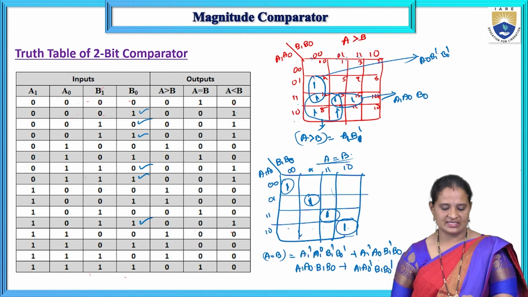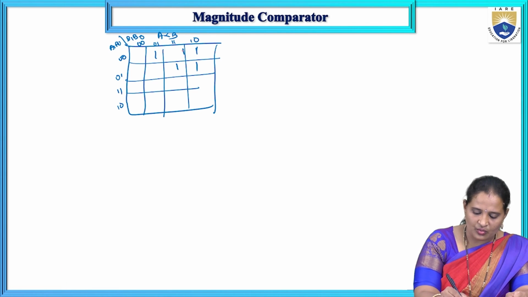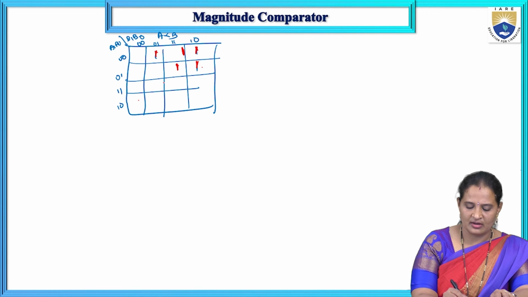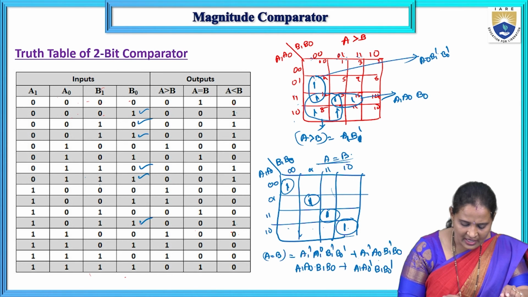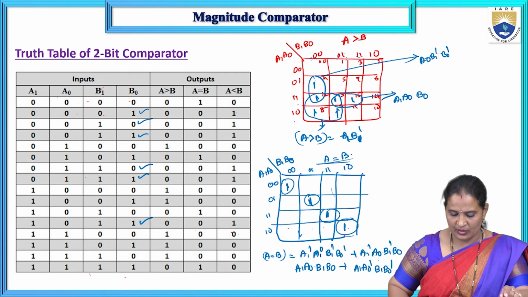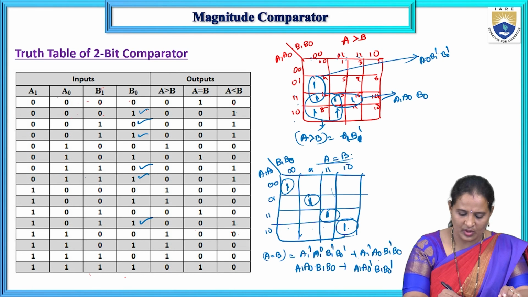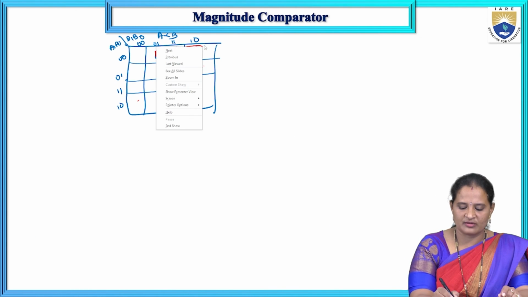Sorry, not 11, 10. It is only 11. So total combinations: 1, 2, 3, 6, 7, 11. Okay, so now I can form a quad with this.